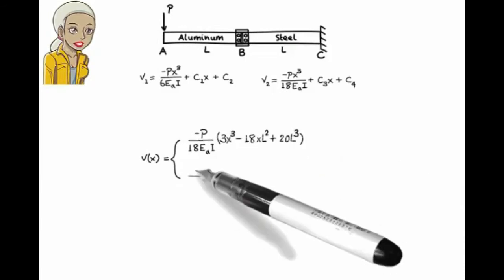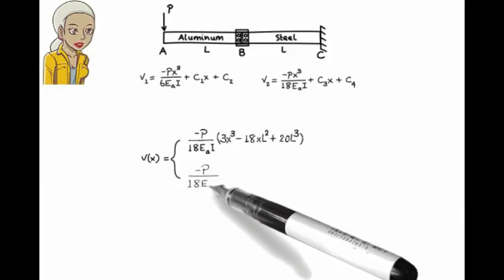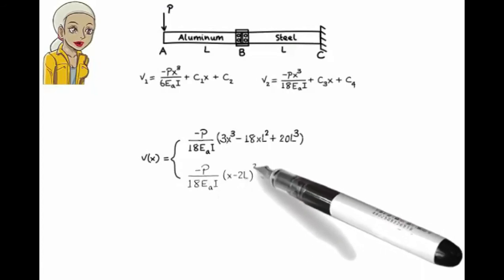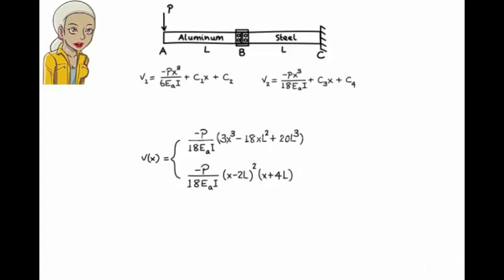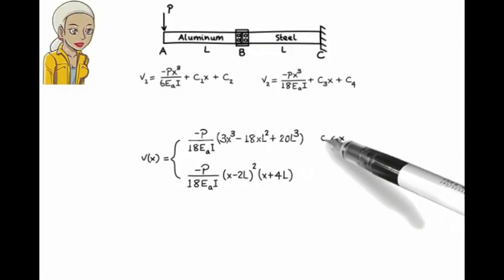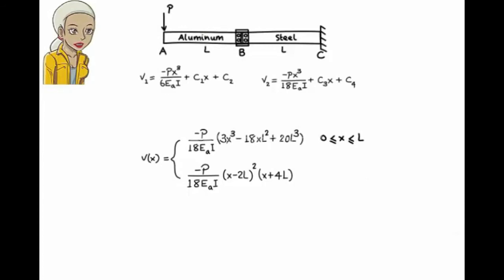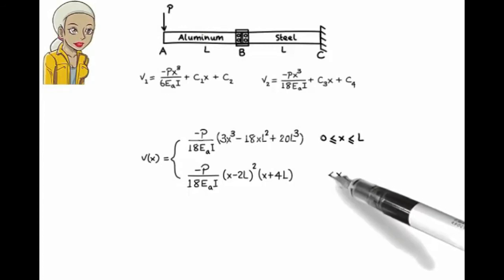And V2 equals negative P over 18 E sub A I times x minus 2L squared times x plus 4L. The deflection of the beam is given by V1 when x is between 0 and L, and by V2 when x is between L and 2L.